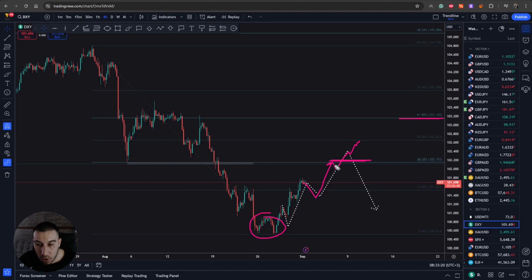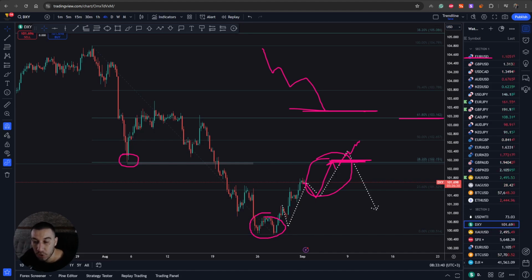Okay, but first 38.2, this is where we want to see the dollar index next. Why? Again, key Fibonacci level and also previous market structure. So if we see this pullback, then that probably means euro dollar will continue and retest the 61.8, just what we looked at a second ago.